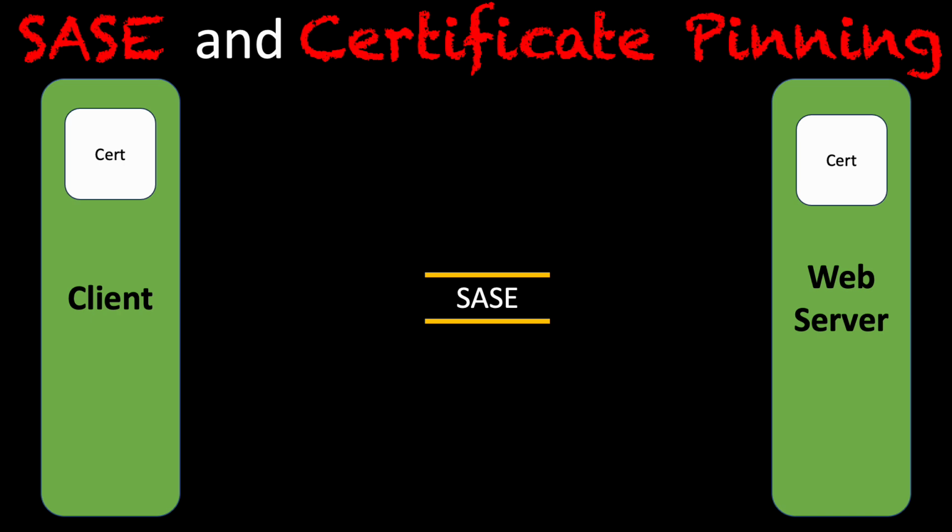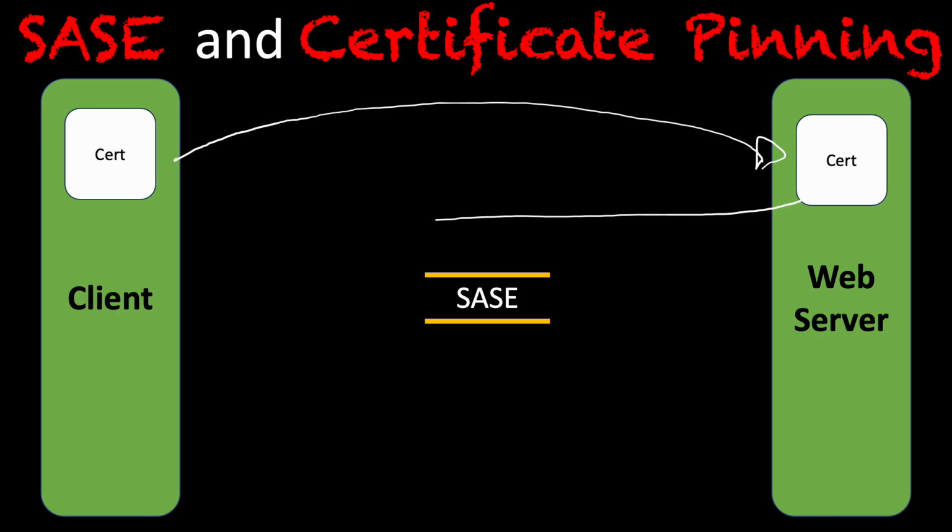So where do we start? Let's start on the web server. On the web server, we can see a certificate that's installed there. As part of a TLS connection, the client sends a client hello to initiate that TLS connection, and the web server presents its certificate, basically the public key.